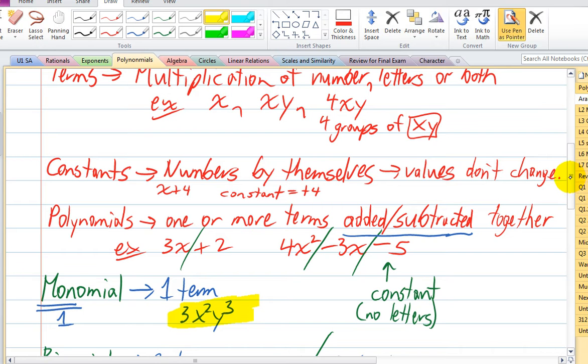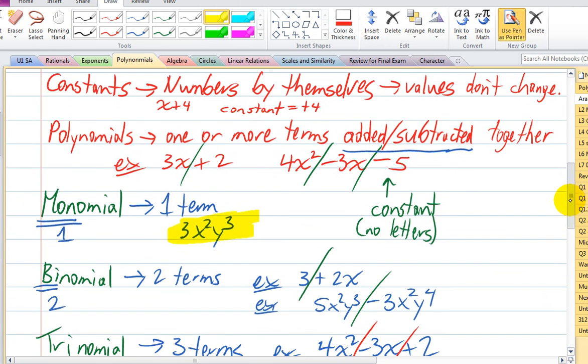Write down the example. Binomial is two terms. Here we have two terms separated by a plus sign. Here we have two terms separated by a minus sign. Binomial, like a bicycle; bicycles have two wheels.